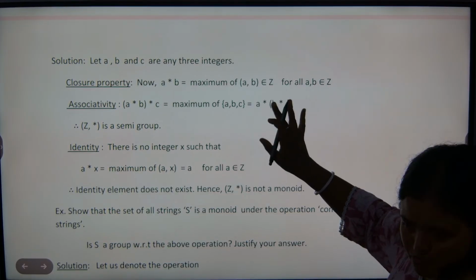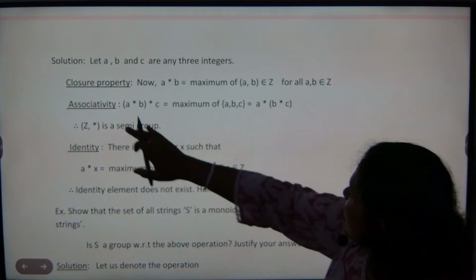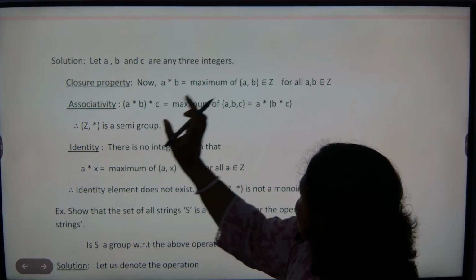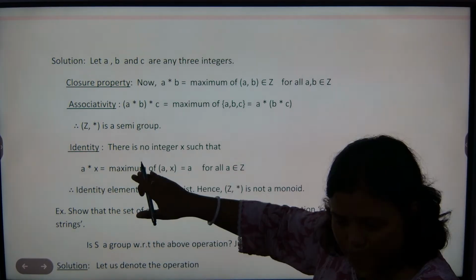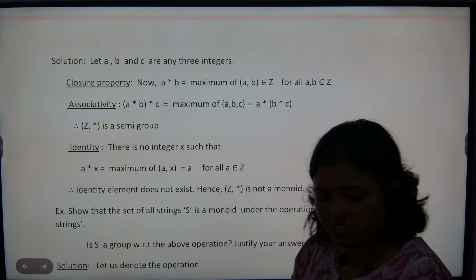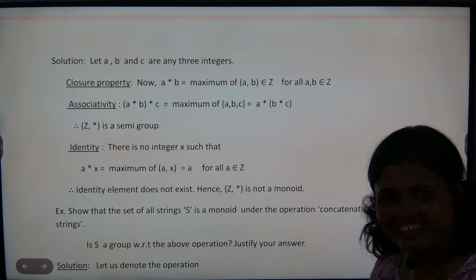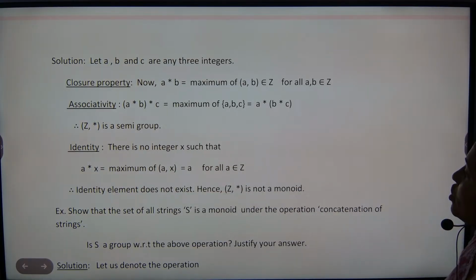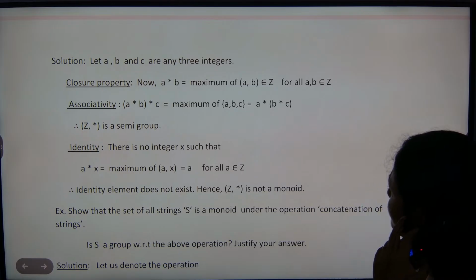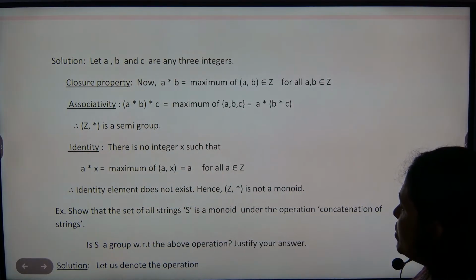It is associative. If the maximum of a comma b is a, then a comes, otherwise b comes. Again the answer is compared with c. It is written in one line. So associativity done. Z star is now a semigroup.